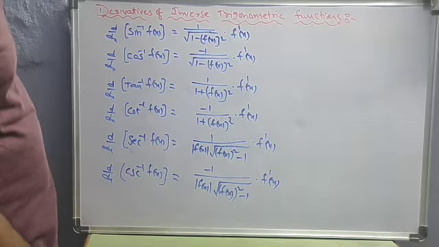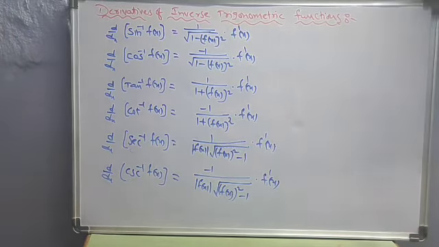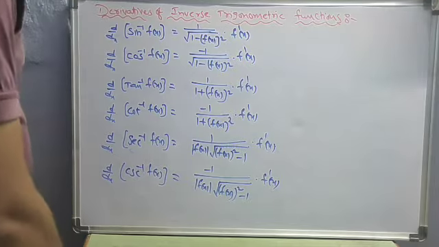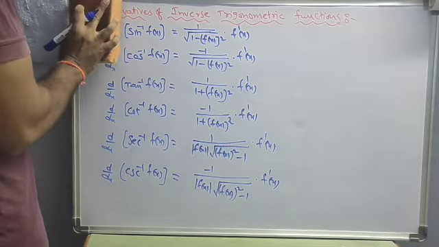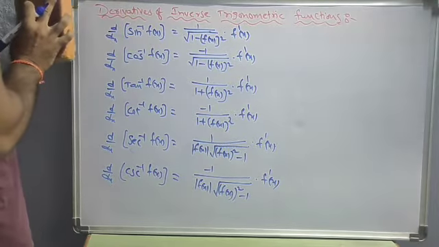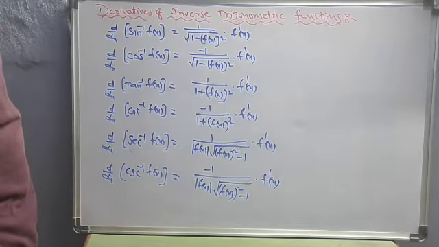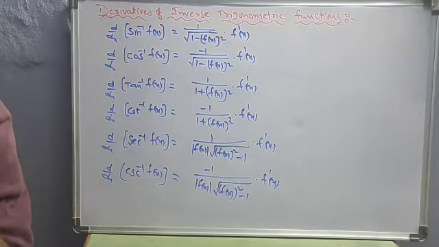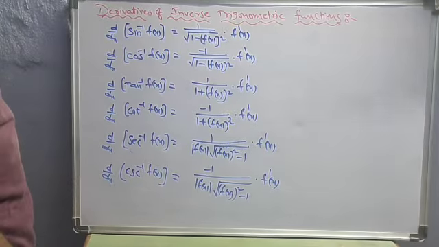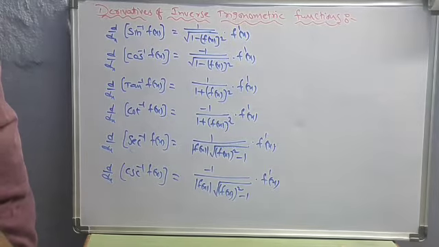Inverse trigonometric functions. Okay, now we have to do some problems. Depending upon this, sometimes in problems we have to use the substitution process also. If we use that, then the differentiation can be solved very easily.